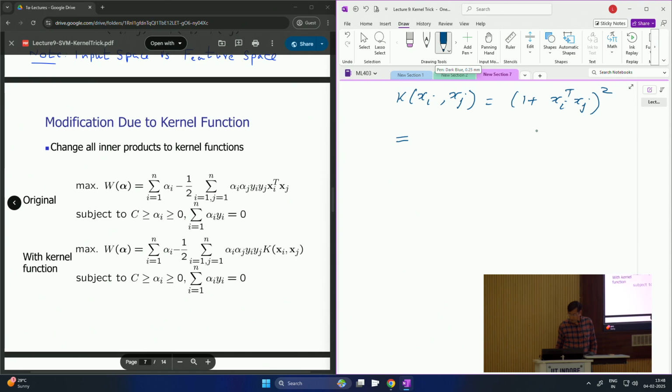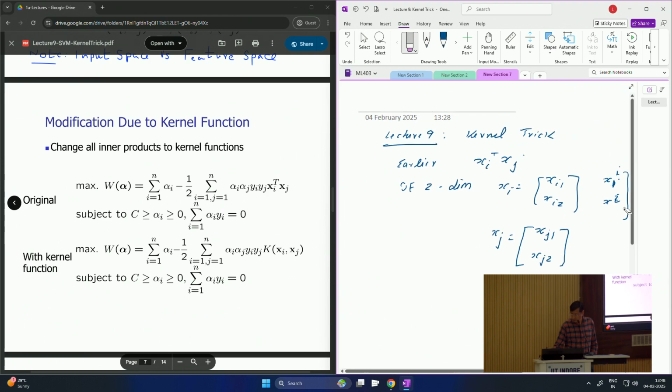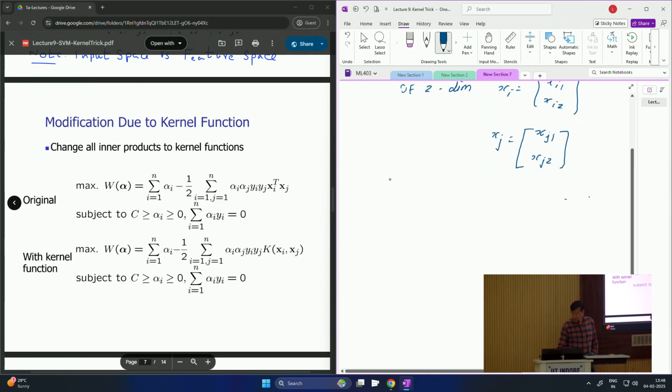So let's not go far away. Let's not do it in a hurry and confuse you. So let's say these were my two, xi and xj. And when I was writing this as a kernel function, xi transpose xj was xi1, xi2 times xj1 and xj2.